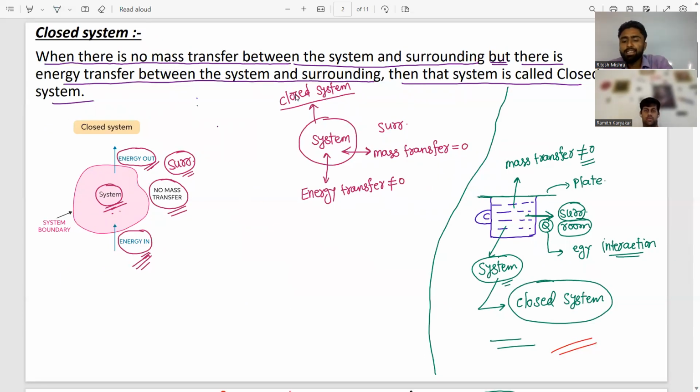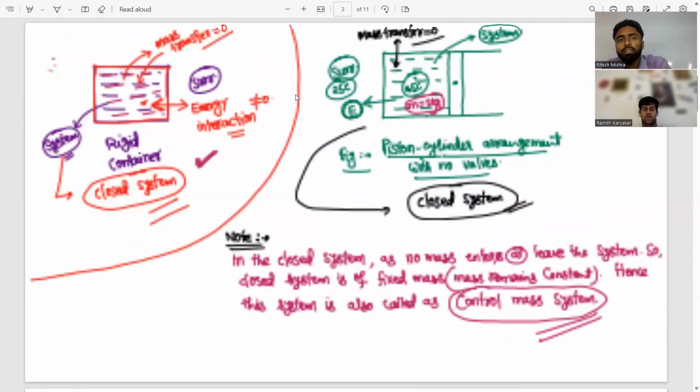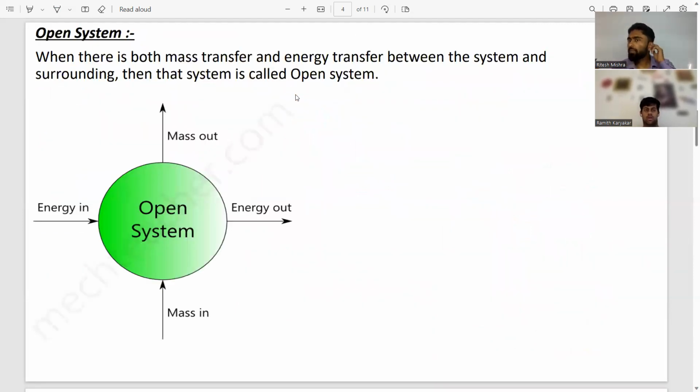Now let's move to the open system. As the name suggests, open system means that the system is open. Previously, you saw that the name closed system suggests the system is closed, so there will be no mass transfer.